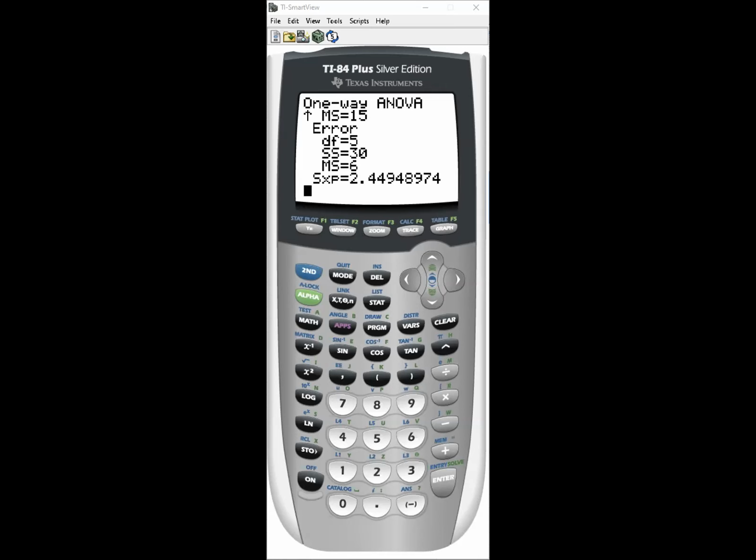The p-value is 17.68%, alpha is 5%, so we do not reject the null.